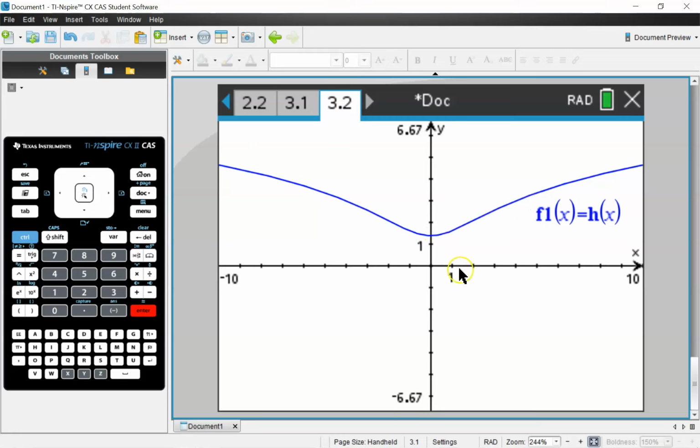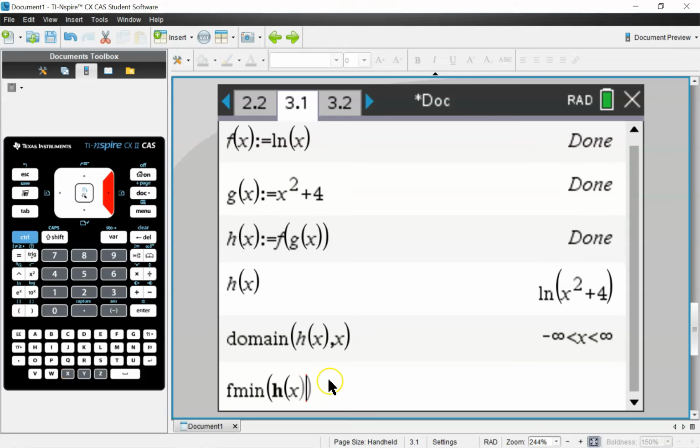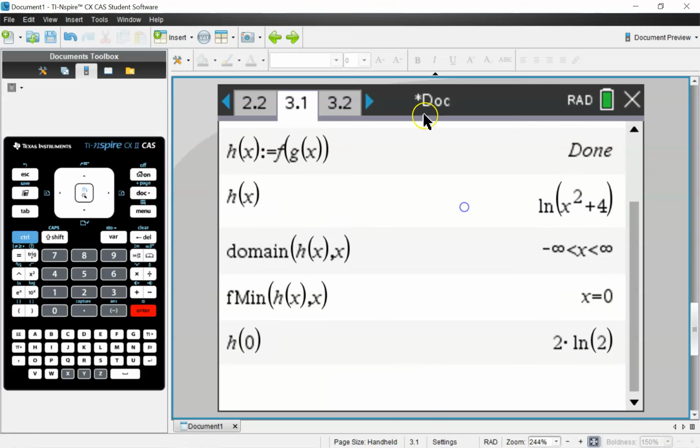Okay, so if we go back and just get f min, it's going to go up to infinity. So let's do f min of h of x, comma x equals 0. Predicted h of 0 is 2 ln 2, which we wrote as ln 4, which obviously if you just take the 2 up there, then it's ln 4, and then it's going to infinity, so that's all good.